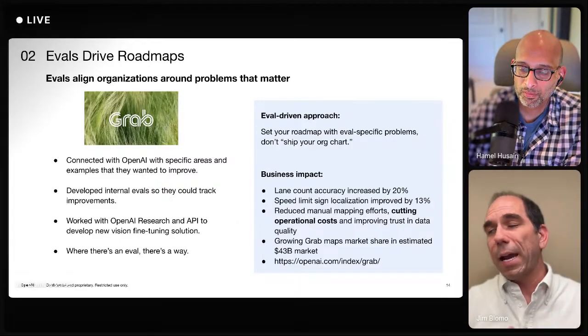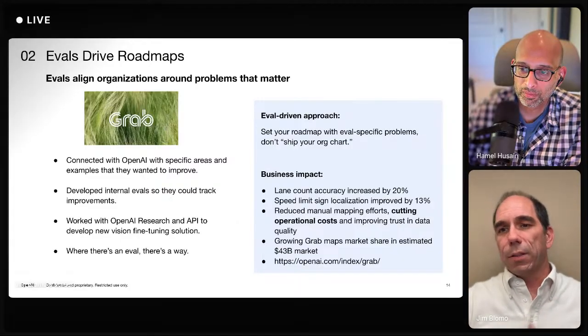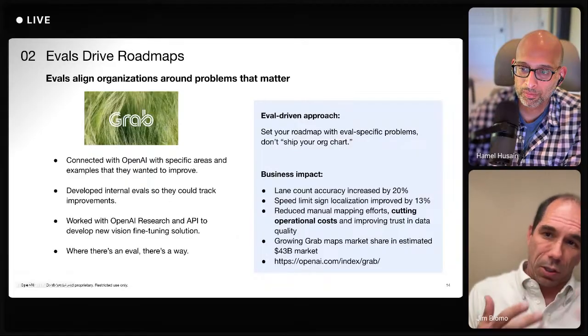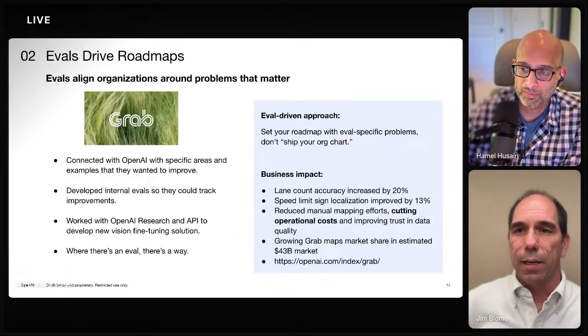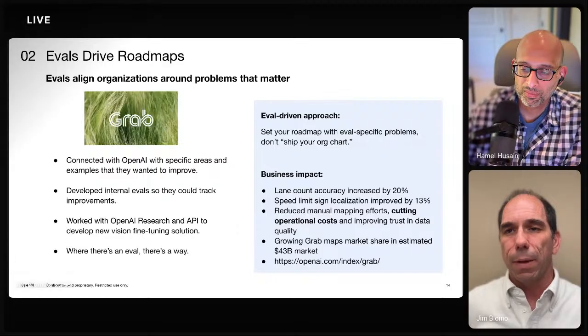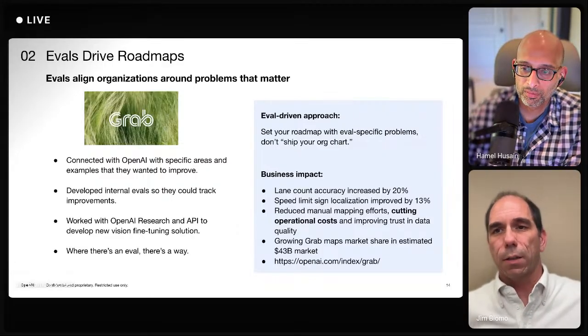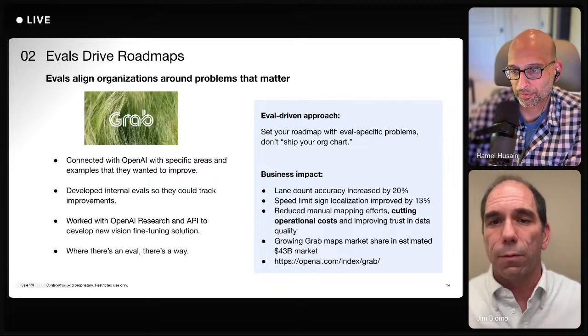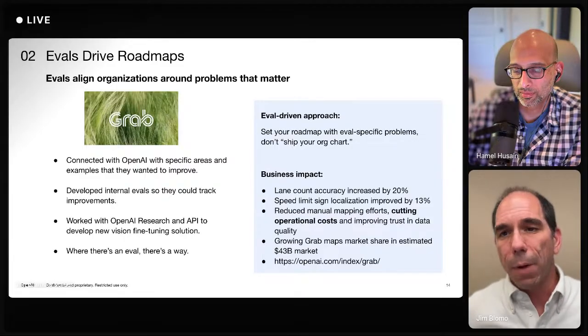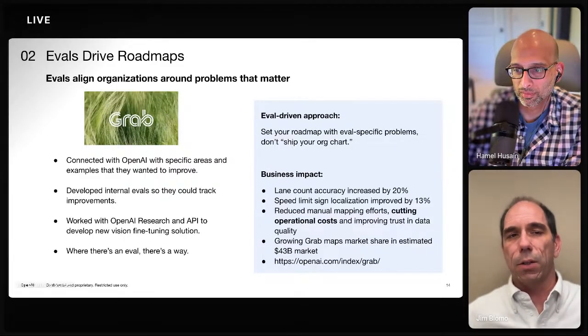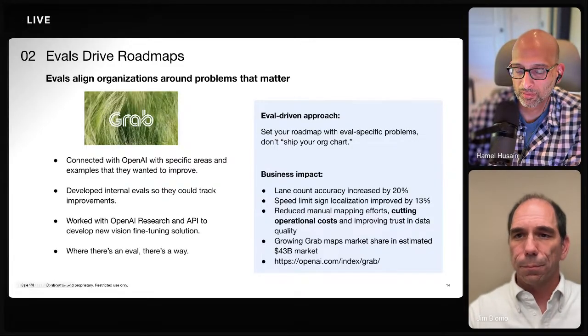And as you can imagine, OpenAI's corpus of data was pretty skewed toward North American signs. So being able to better recognize the signs in Southeast Asia across the different parts that Grab serves, by using actually relatively few examples, the model was able to pick up and start recognizing signs better.